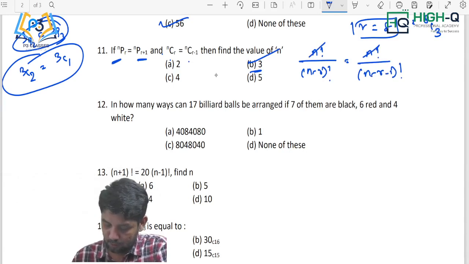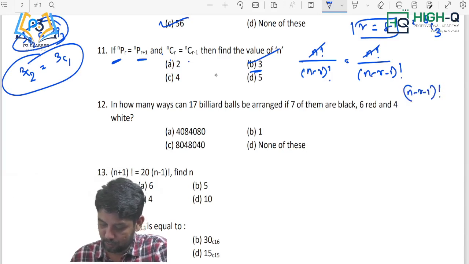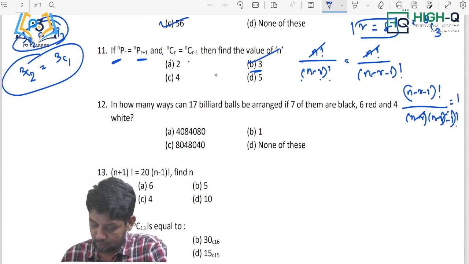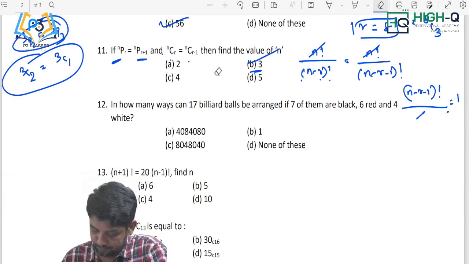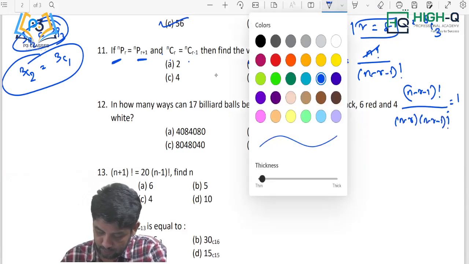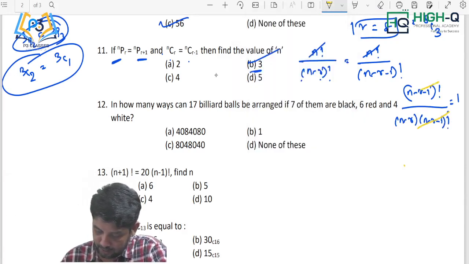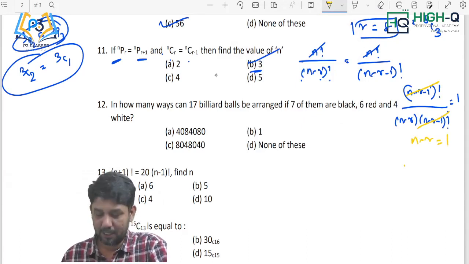Now, what exactly will come, sir? (n minus r minus 1) factorial divided by (n minus r) factorial can be written as 1. Yes. Cut. So I can say n minus r equal to 1.